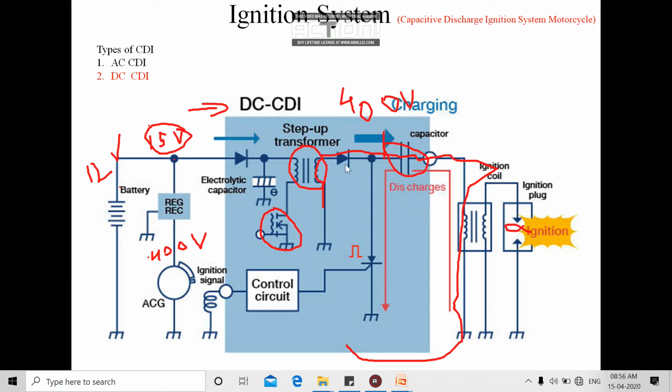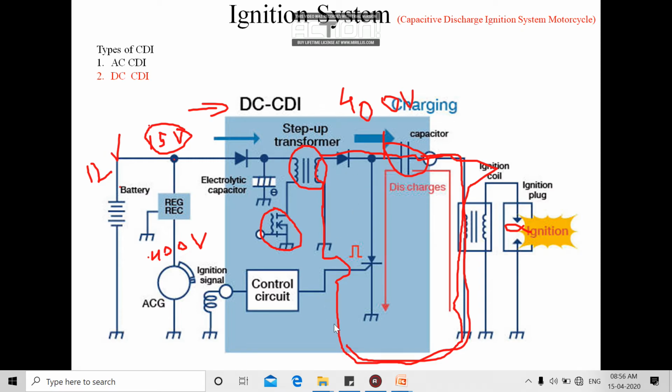Okay, the working we will see in a later video. Focus on the construction. So this is a capacitor. After the capacitor there is a primary winding, that is the primary circuit of the ignition coil, and again it comes back this way, back to the diode.